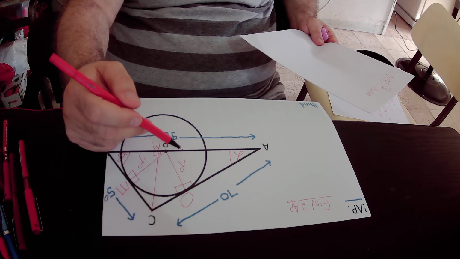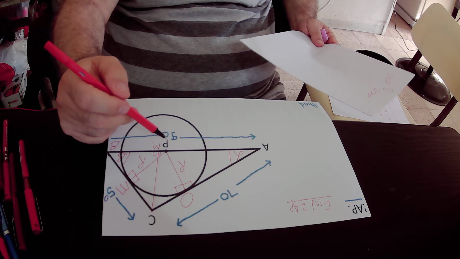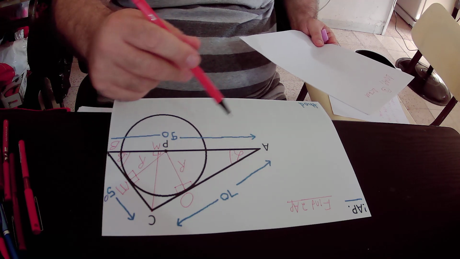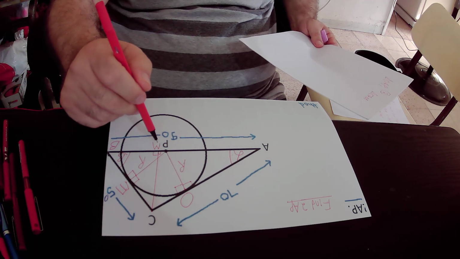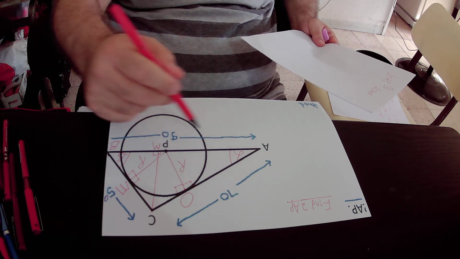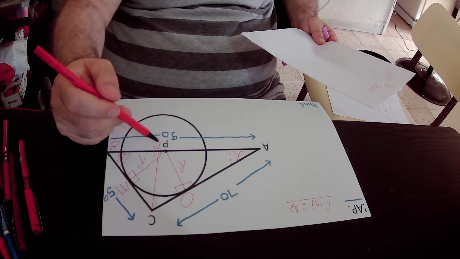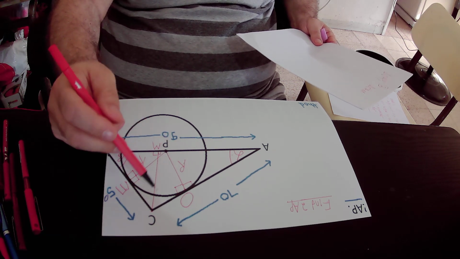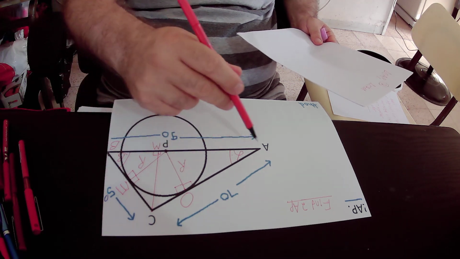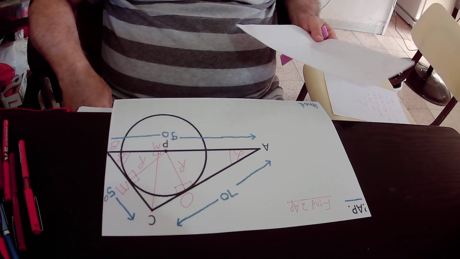And triangle CAM is also a right triangle because angle AMC equals 90 degrees. So both of those triangles, triangle OAP and triangle CAM, are right triangles. Okay?